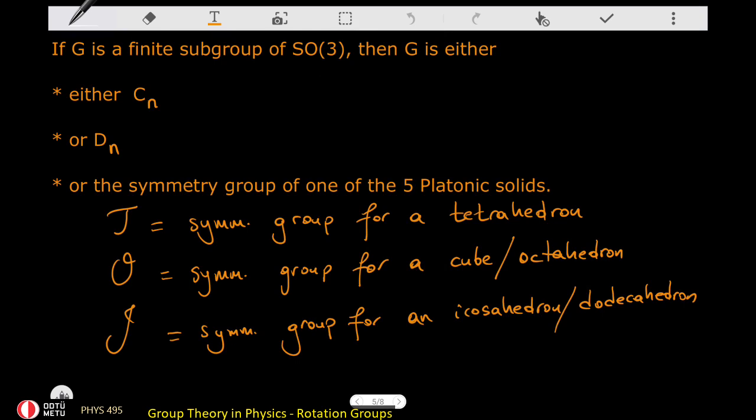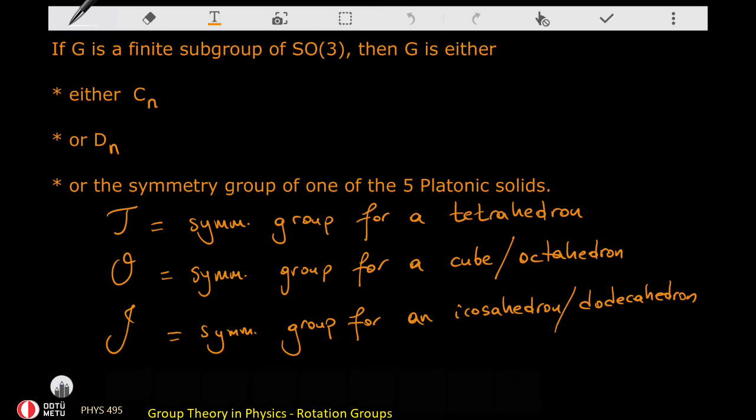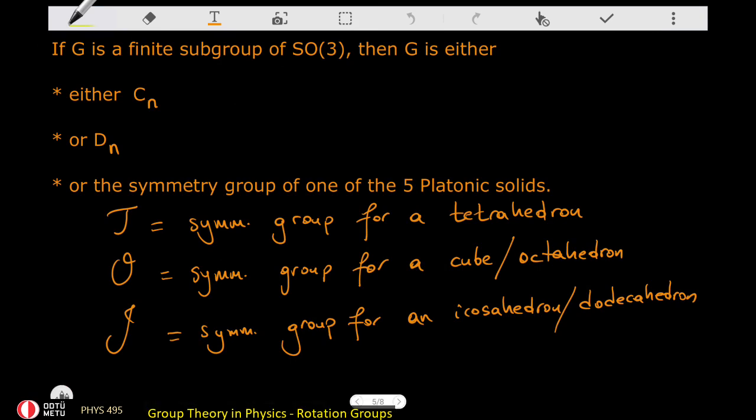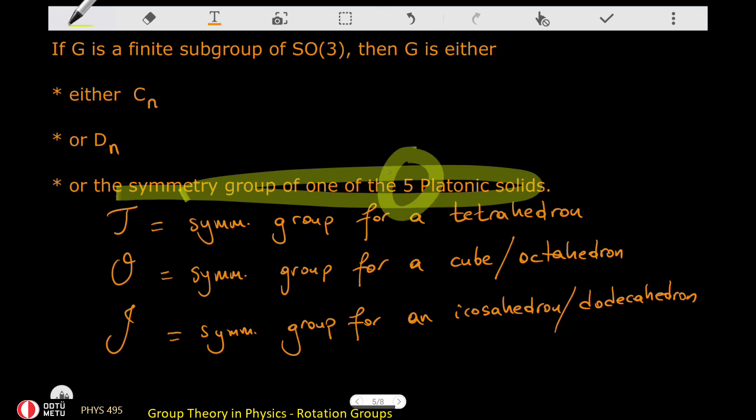This is one of the things that I'm not going to prove, because this is a little bit more complicated for us. So basically, if G is a finite subgroup of SO3, then the possibilities are that it can be either the cyclic group or the dihedral group, things that we have seen before, or it might be the symmetry group of one of the 5 Platonic solids.